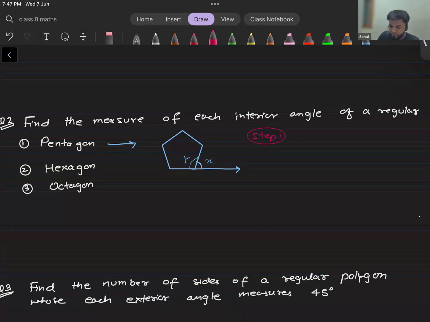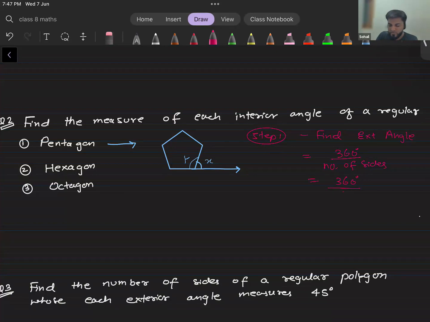So step 1, find EXT. In short, I'm writing it as EXT, exterior angle. So how do we do that? We know 360 divided by the number of sides will give me each exterior angle. So 360 degree, how many sides are there in a pentagon? 5.